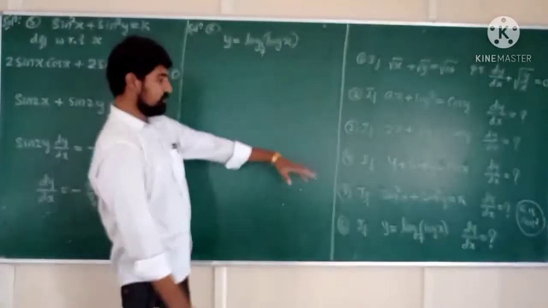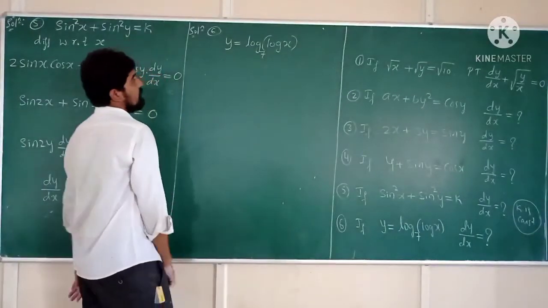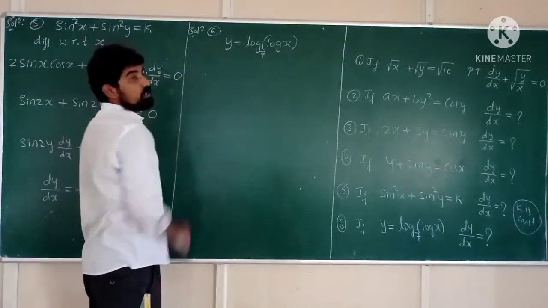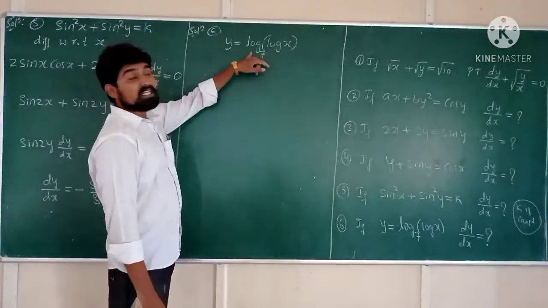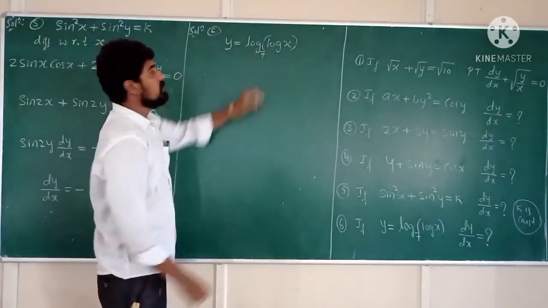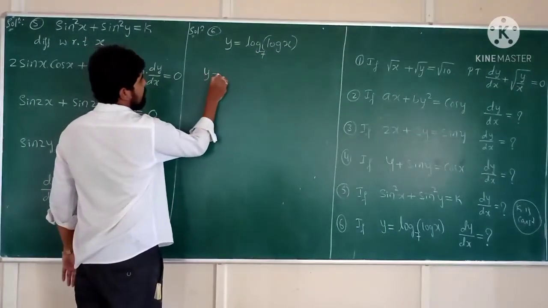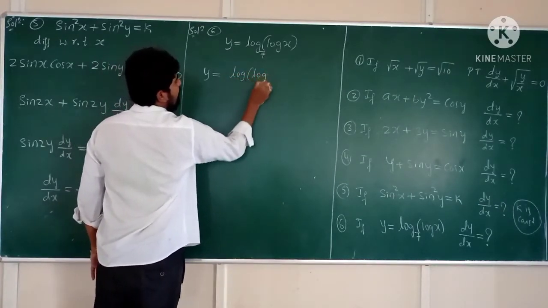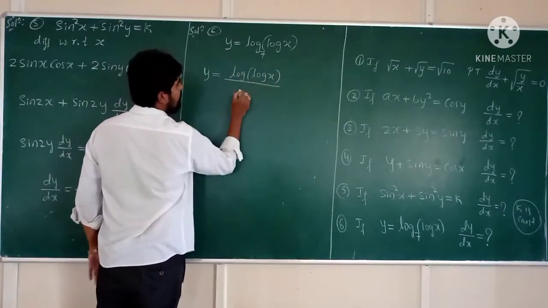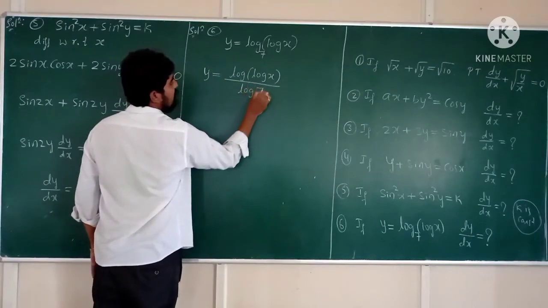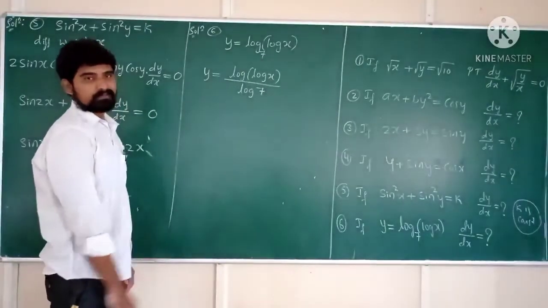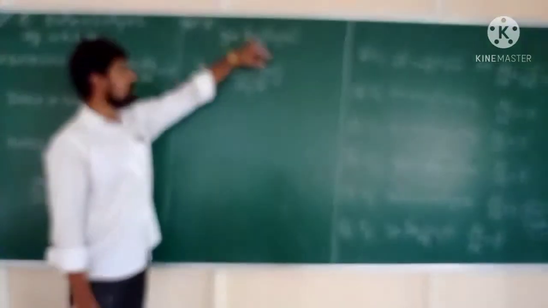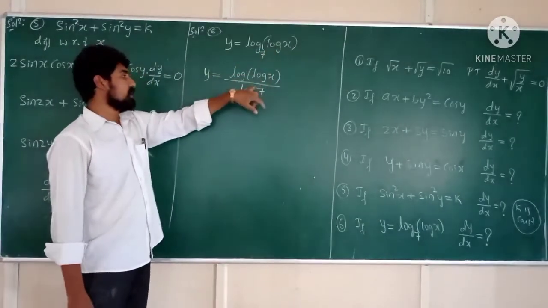First we need to use the change of base theorem, that is y can be expressed as log of log x divided by log 7.